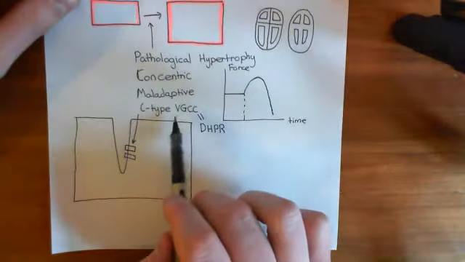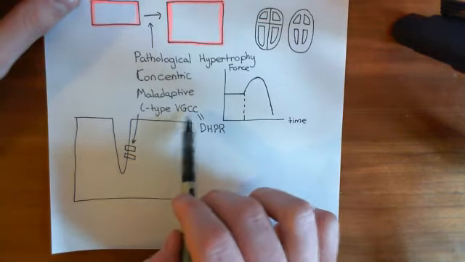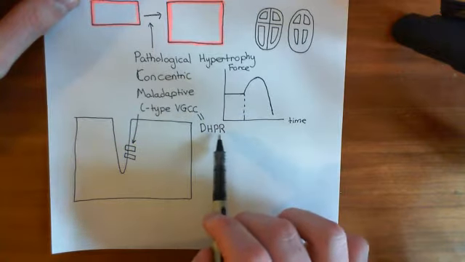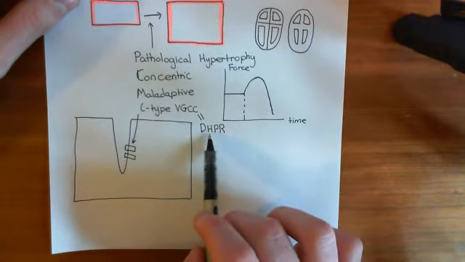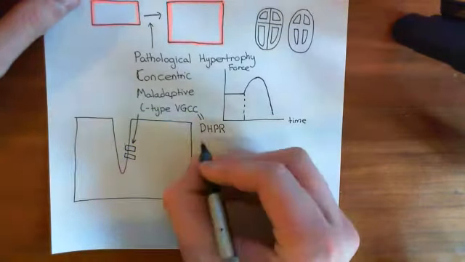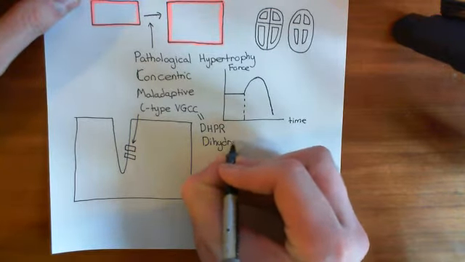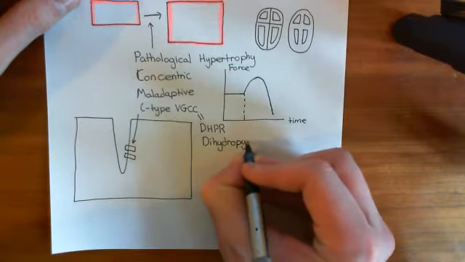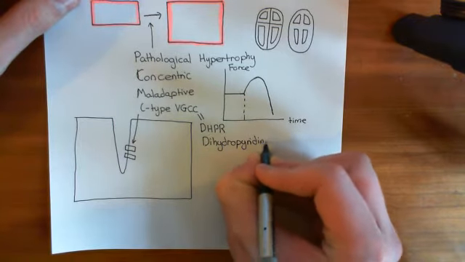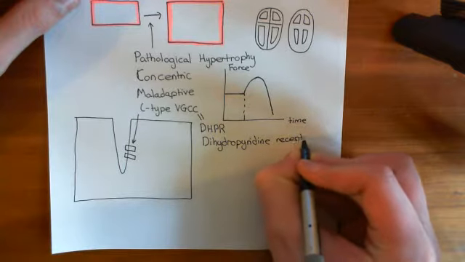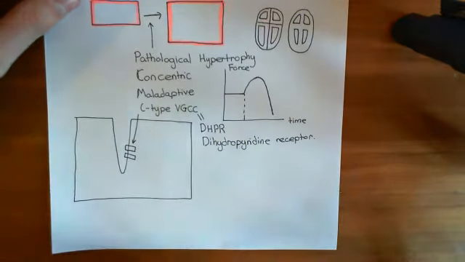So, a few abbreviations here. VGCC is short for voltage-gated calcium channel. DHPR is short for dihydropyridine receptor. I suppose I should write out the name dihydropyridine receptor in case you haven't seen it before. Dihydropyridine receptor. Okay, so this is a voltage-gated calcium channel.